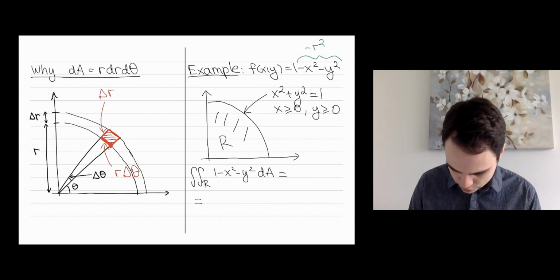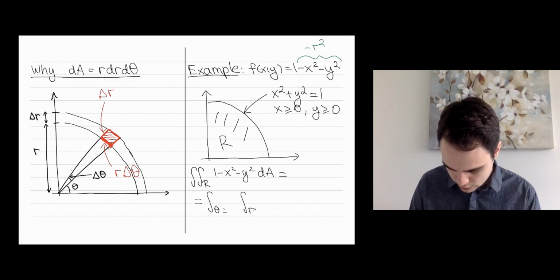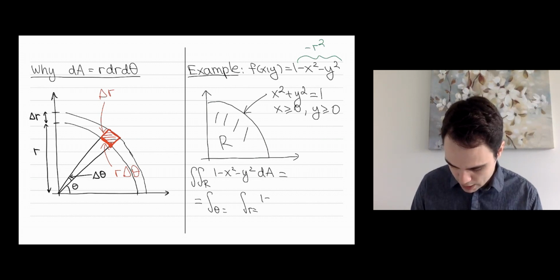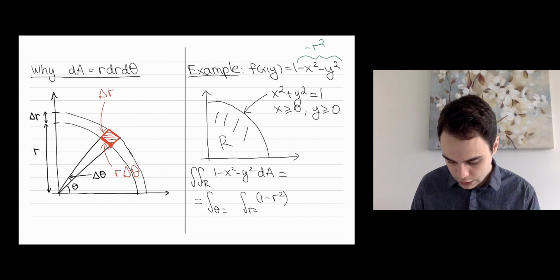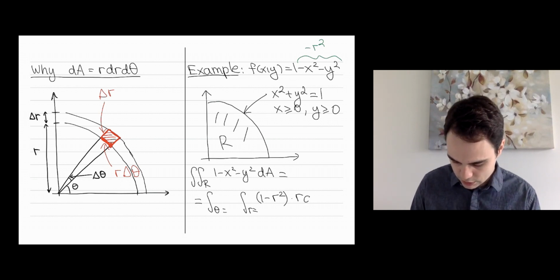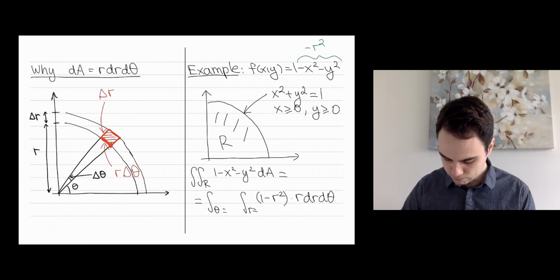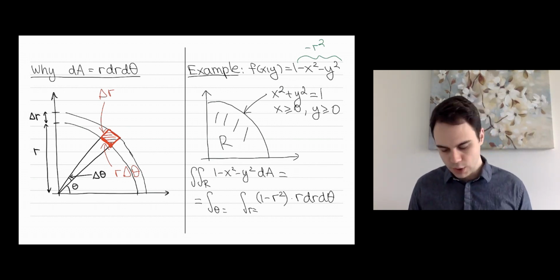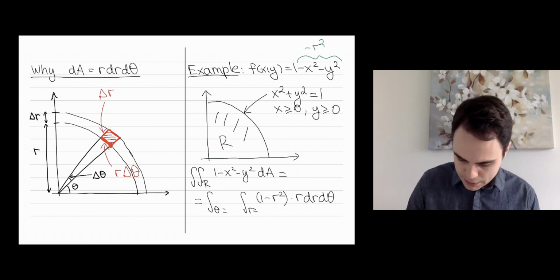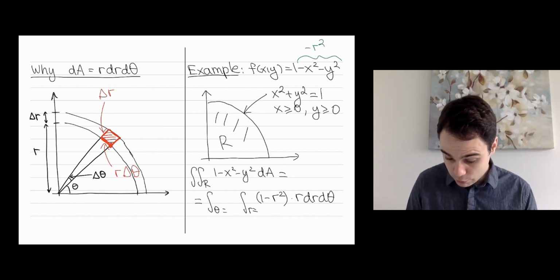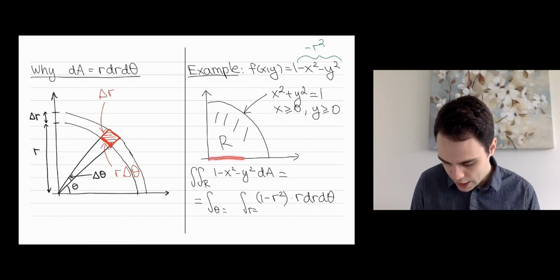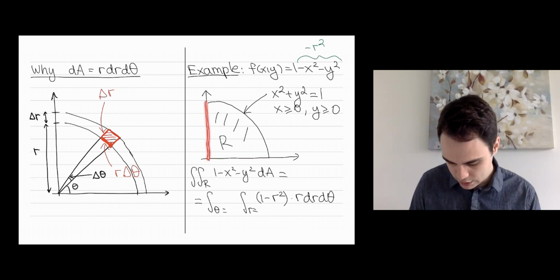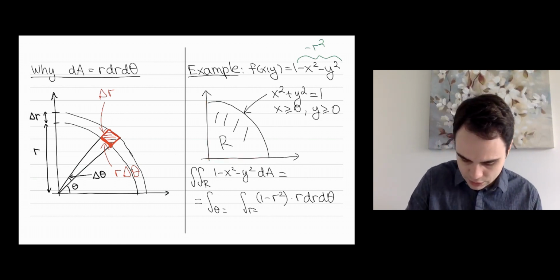So let's set up the integral. There is going to be an integral in theta, an integral in r, and then you have 1 minus r squared. So that's the original function times dA, that's r dr d theta. To get ready to compute, we need to fill in the bounds. For this region, the angles are 0 and 90 degrees.